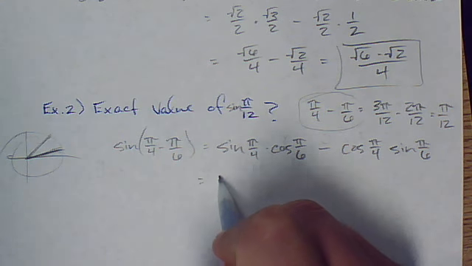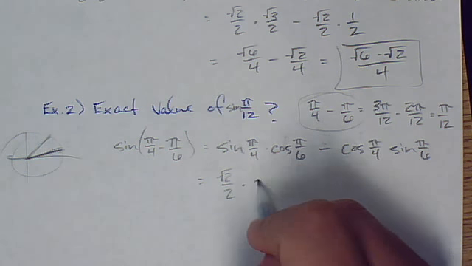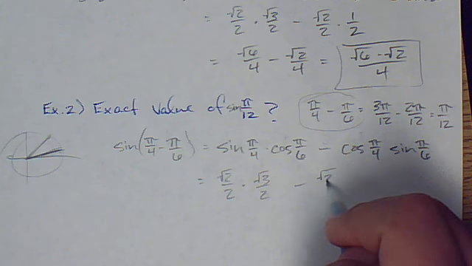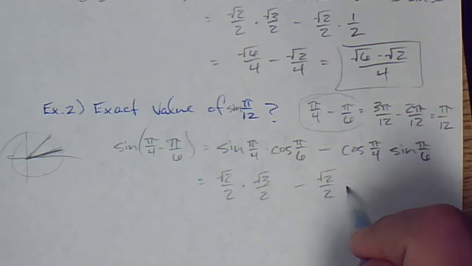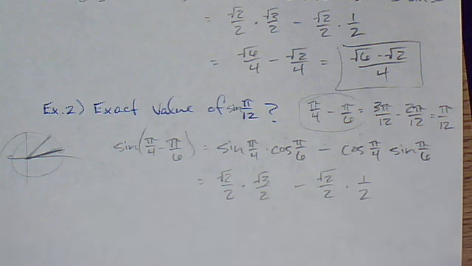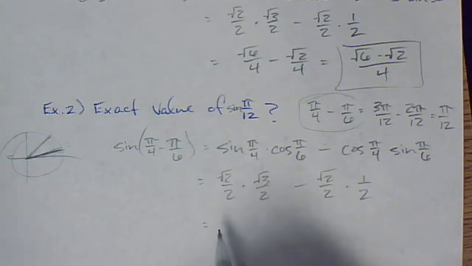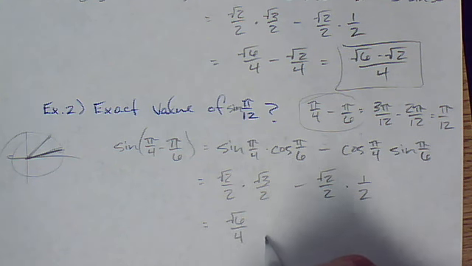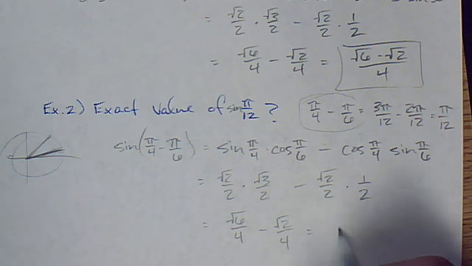Sine of pi over 4 is square root of 2 over 2 times square root of 3 over 2 minus square root of 2 over 2 times 1/2. So again, we get square root of 6 over 4 minus square root of 2 over 4, and we get the same thing.